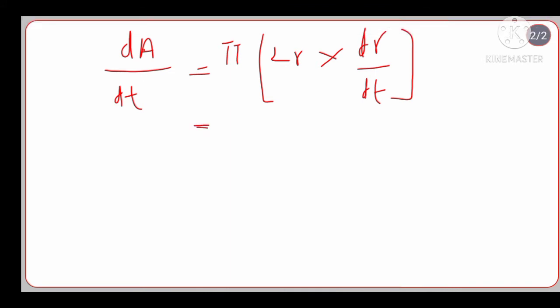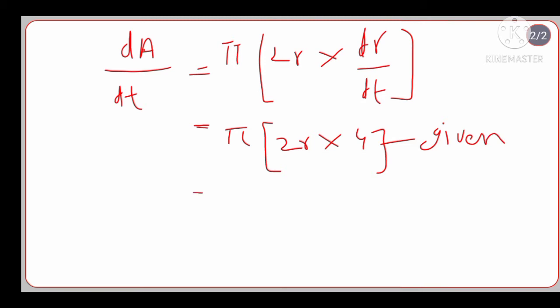Now pi as it is, 2r also as it is. Now dr by dt is given to you, it is nothing but 4. Now we will simply multiply, this gives 8 pi r. So dA by dt is nothing but 8 pi r.